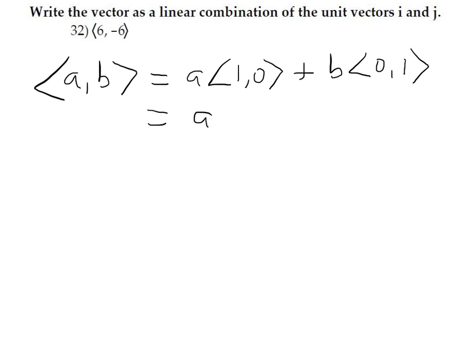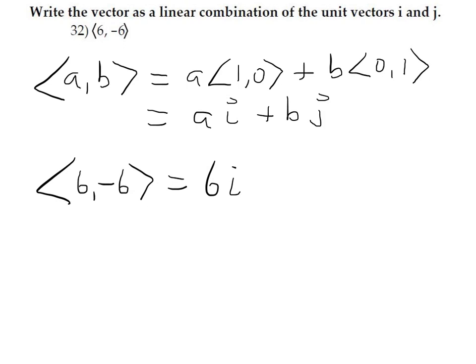That is ai plus bj. So 6 comma negative 6 can be rewritten as 6i minus 6j, where i and j are the unit vectors.